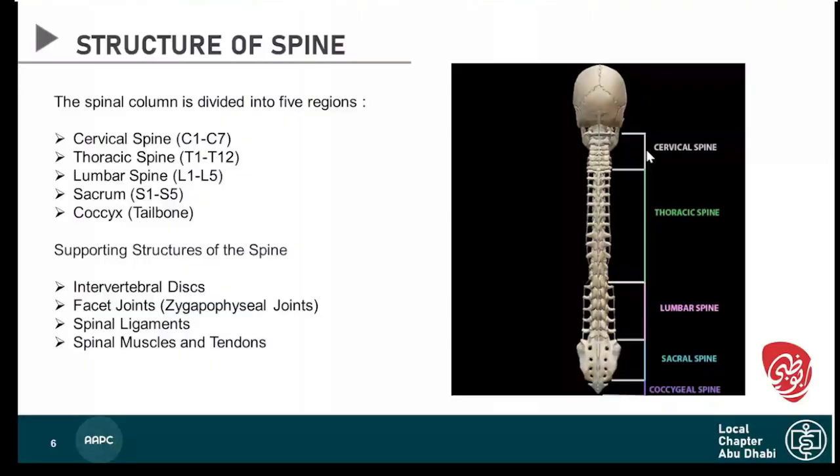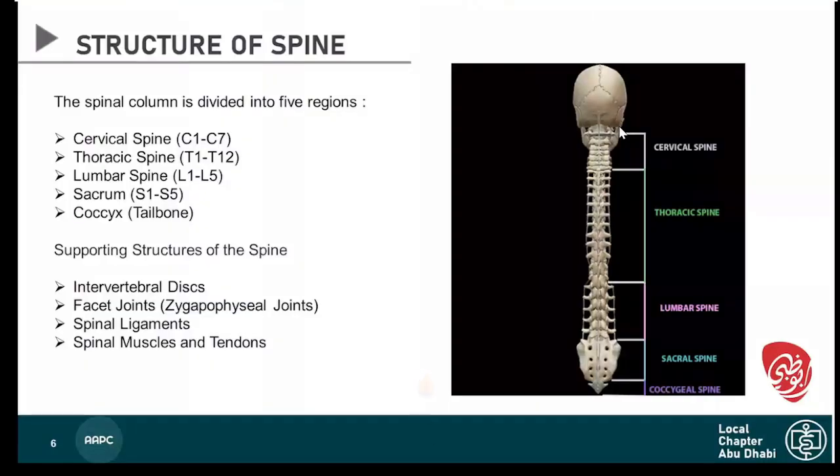These vertebrae are labeled or named with numbers. The C in C1 stands for the cervical region. So C1, C2, C3, up to C7. So this cervical spine is made up of 7 vertebrae. These vertebrae are separated by a cartilaginous plate or disc-like structure called the intervertebral disc. Okay.